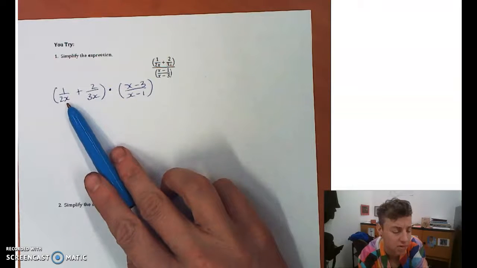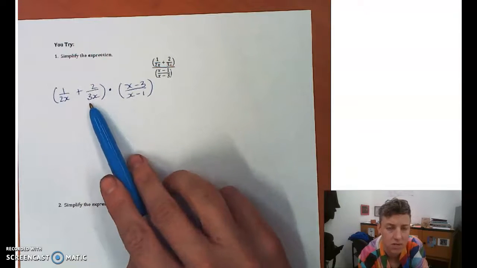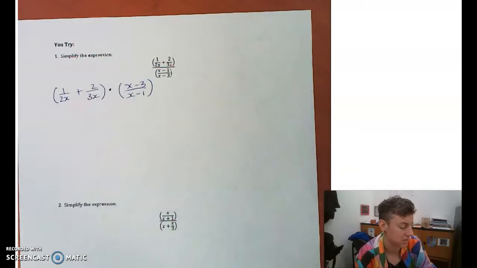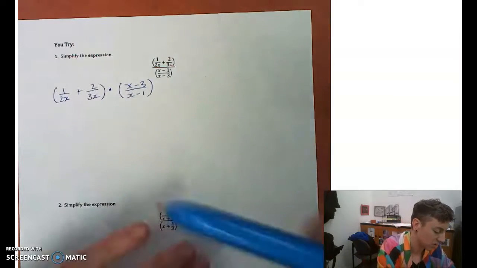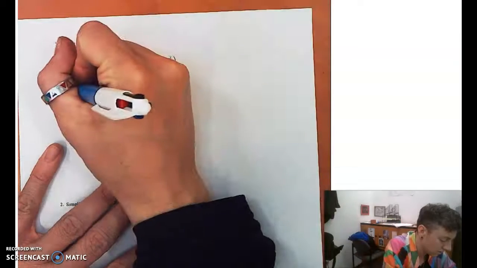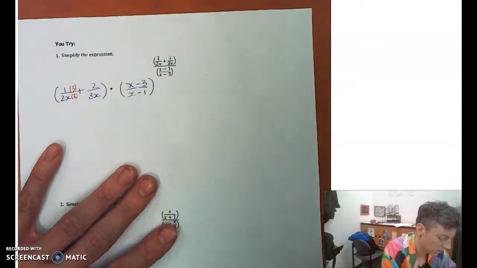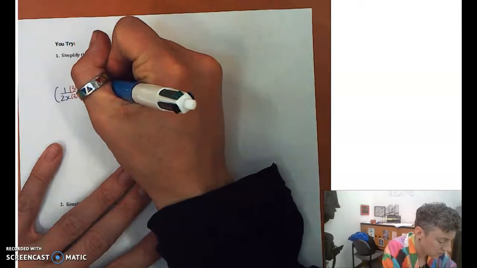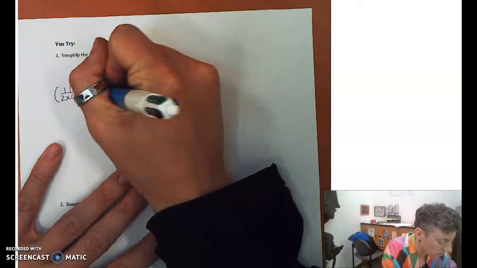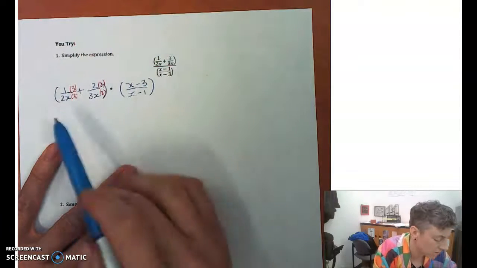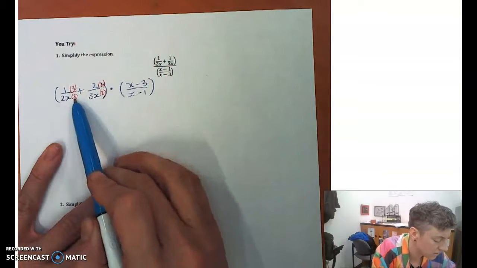This one's got a 2, this one's got a 3, which says I must multiply the left fraction by 3 on the top and 3 on the bottom. And we shall multiply this fraction by 2 on the top and 2 on the bottom. Then they all have the 2 and the x and the 3.